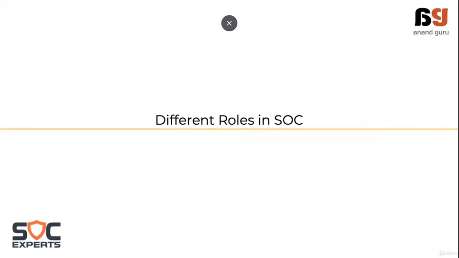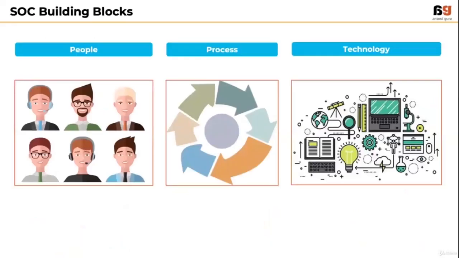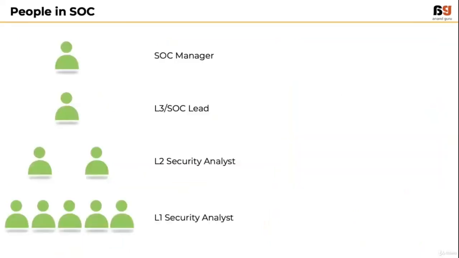So we'll move over to the different roles in the SOC environment, where we'll talk about the people, the process, and the technology. The people in SOC, starting from the lowest, which is L1, level 1 security analyst. This is the lowest hanging fruit, the people that work in SOC.